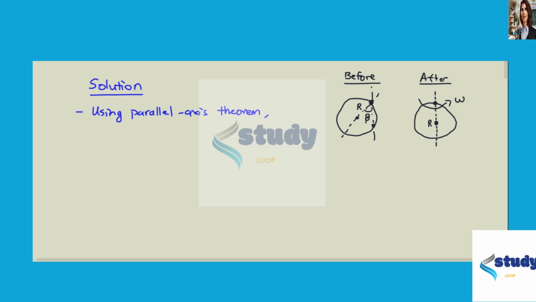So the I of the hoop in this situation is I_CM, which is mr square, plus mr square as well, because it is shifted by a distance r. So this is equal to 2mr square.